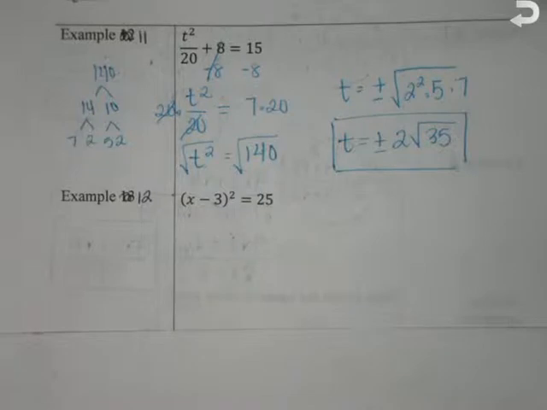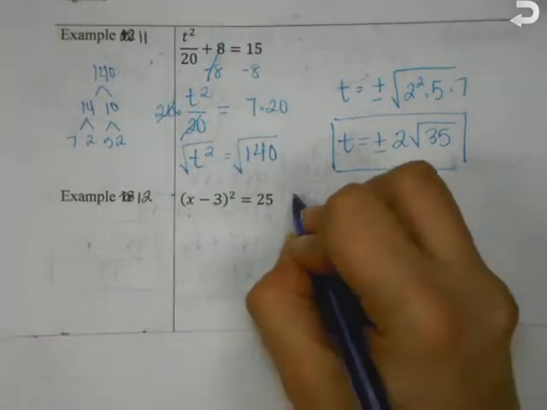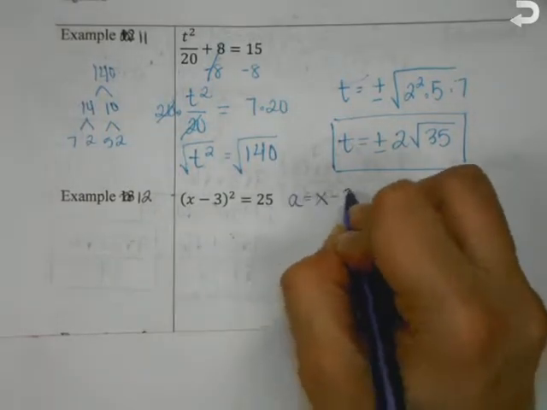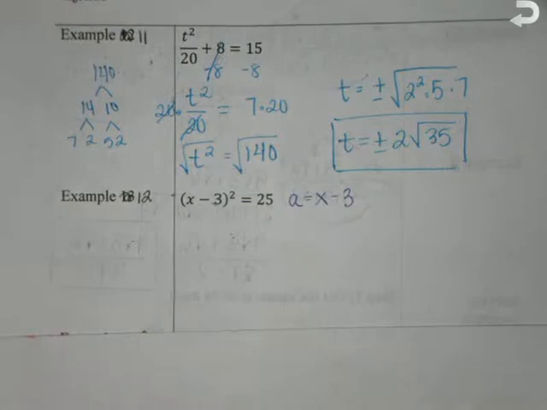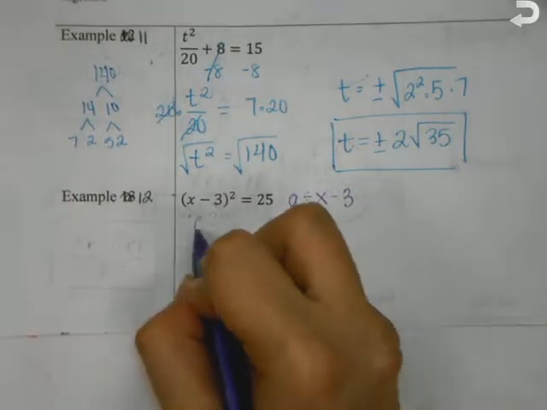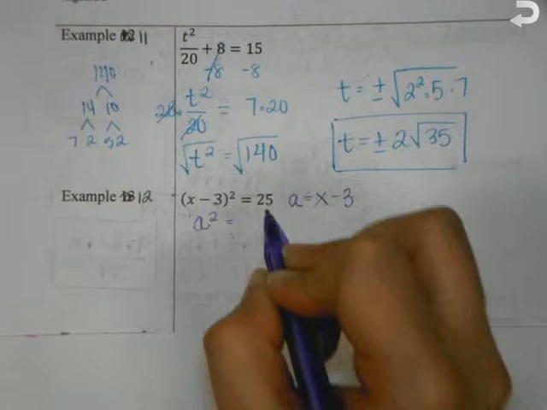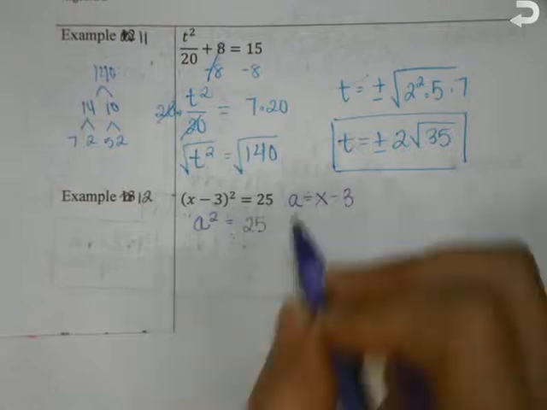Substitute in. So if I let a equal x minus 3, that's going to give me a squared equals 25. Take the square root. So a equals plus or minus 5.